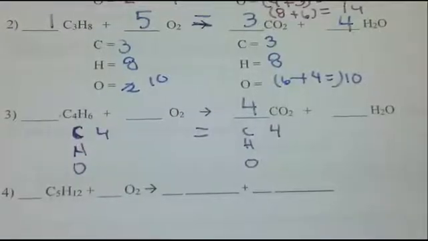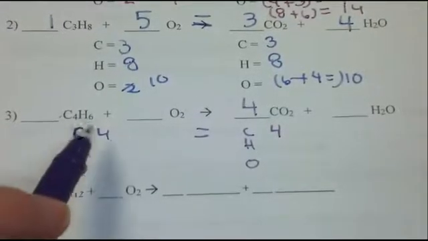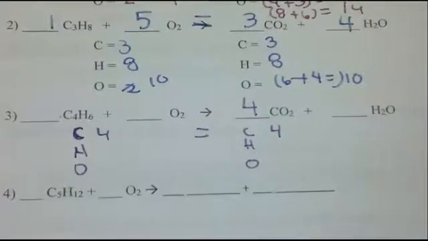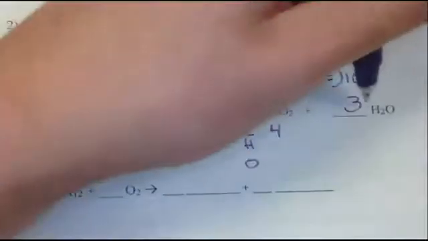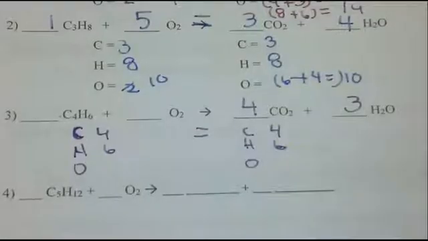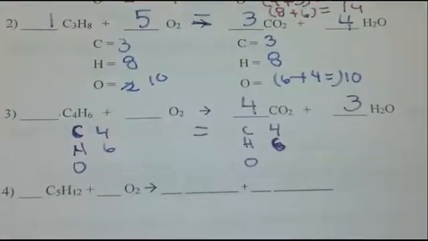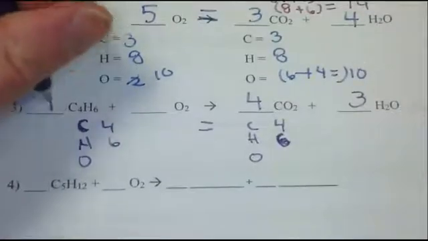Now let's do our H's. On the left side, I have 6. On the right side, I only have 2. So I need to put in a coefficient of 3, because 3 times 2 is equal to 6. We want each side to be equal in your total amount. So there's our 6. I'm going to put my 1 here.